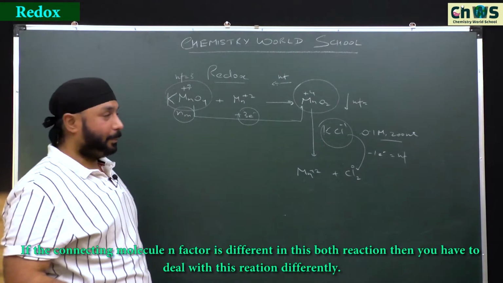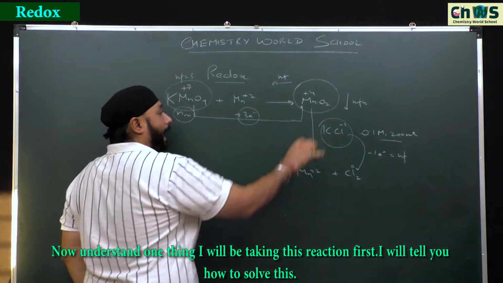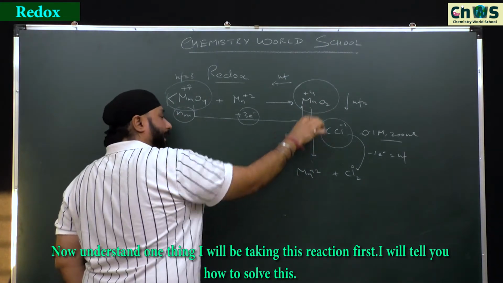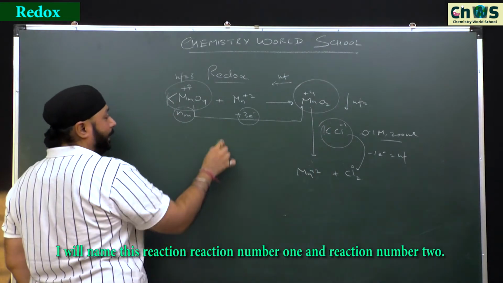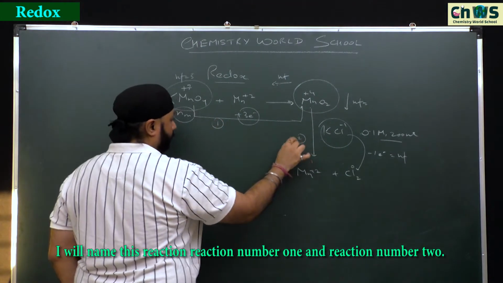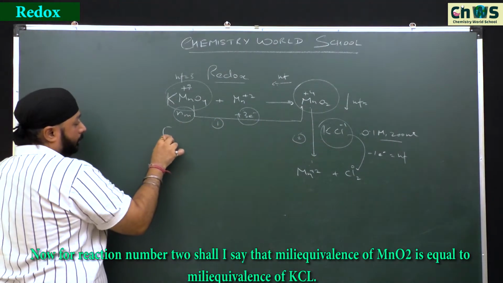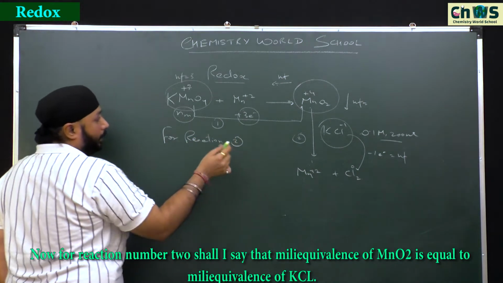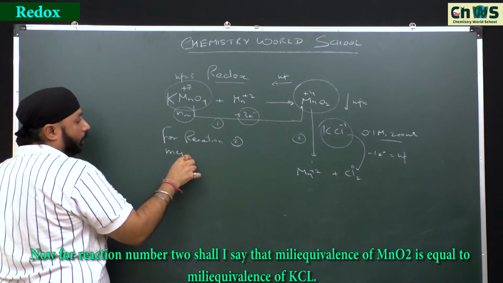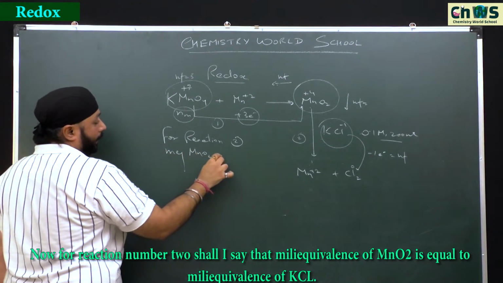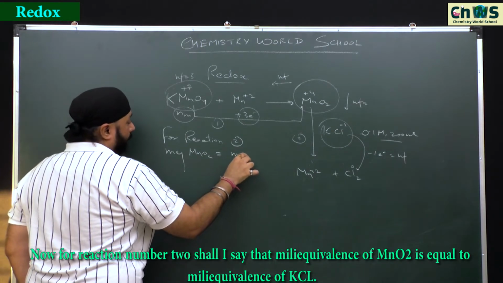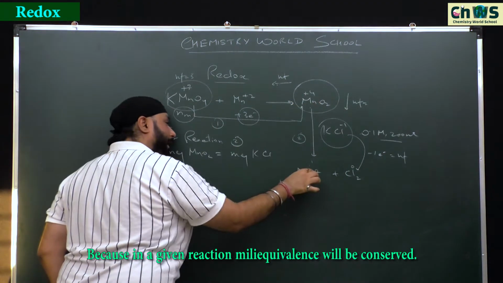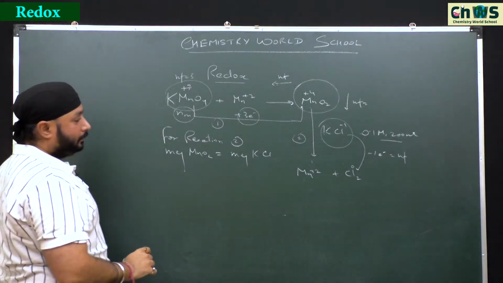If the connecting molecule's n factor is different in the two reactions, then we have to deal with these reactions differently. I'll tell you how to solve this. I'll name them reaction number 1 and reaction number 2. For reaction number 2, milliequivalents of MnO2 equal milliequivalents of KCl, because in a given reaction milliequivalents are conserved.